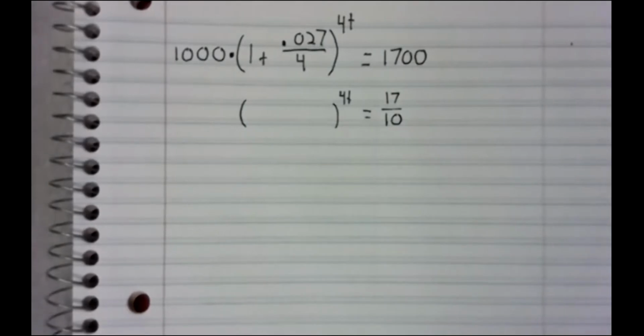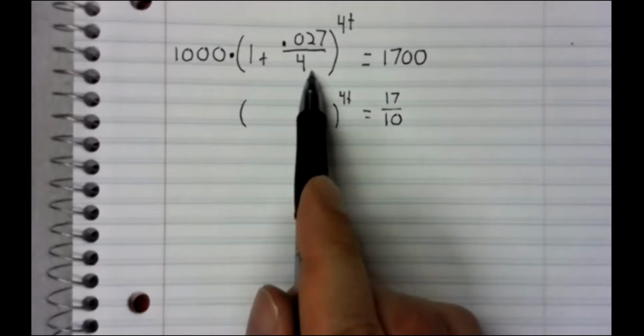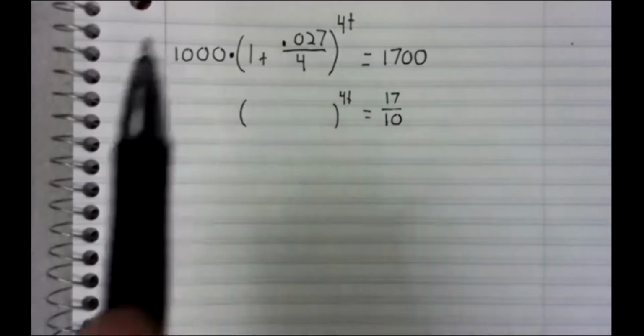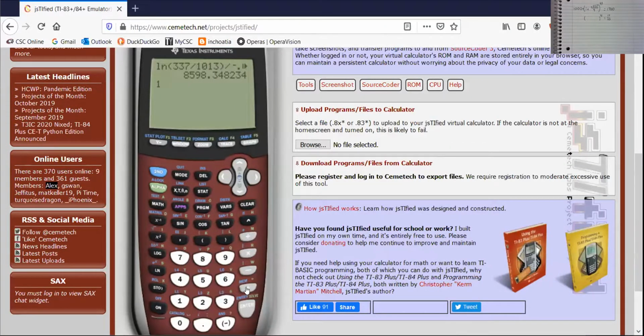And in the same step, let's take this ugly thing we have here and simplify it. This is 1.000675.